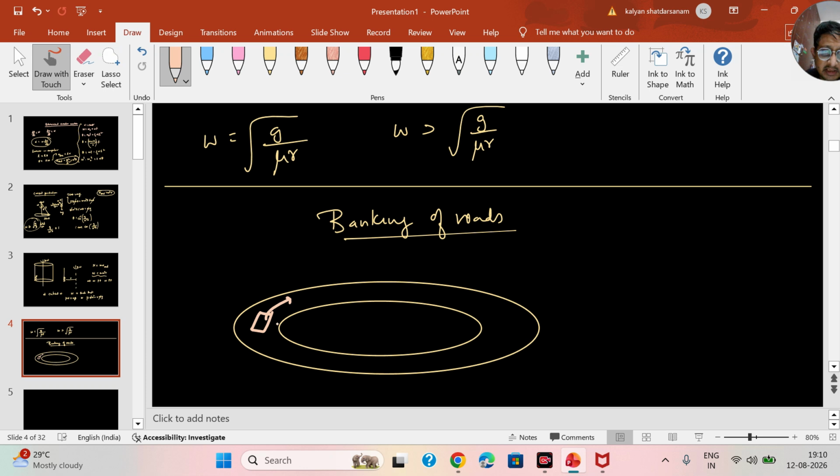Because it's going in a circle of certain radius r, what is the force which is responsible for this circular motion? So the force is friction on the wheels.